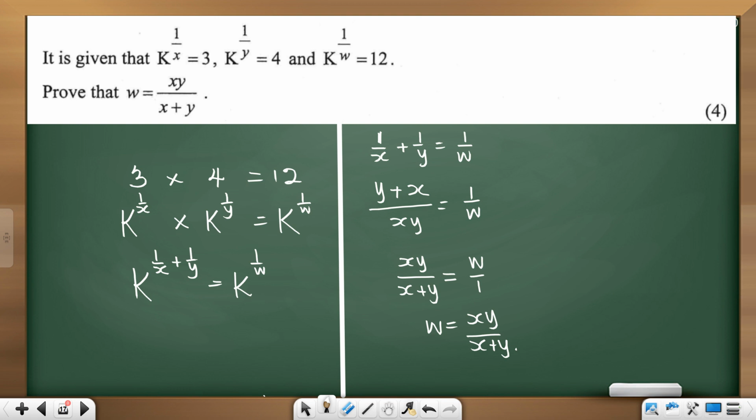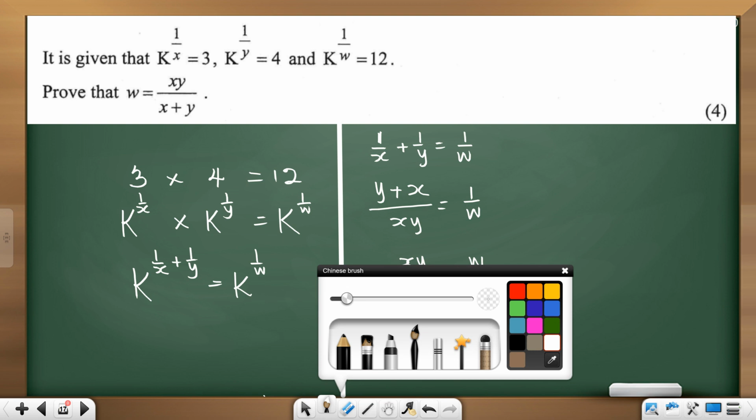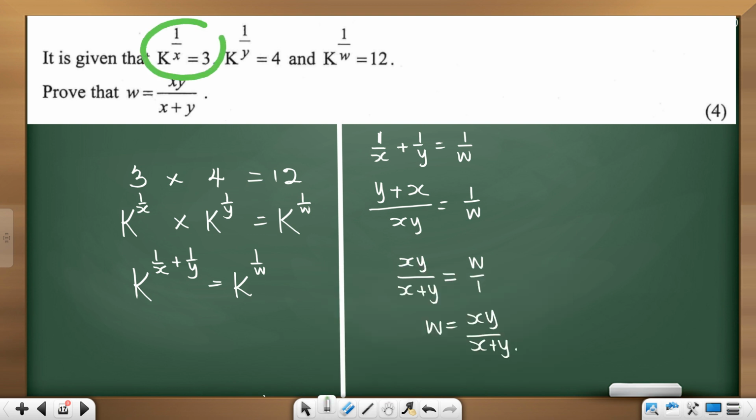No. Given that k to the power 1 over x is equal to 3, that's what you're given. Rebecca says the devil is a liar. I agree. Valencia, can you see what you're given? Yes, sir. K to the power 1 over x is equal to 3. That's what I have.